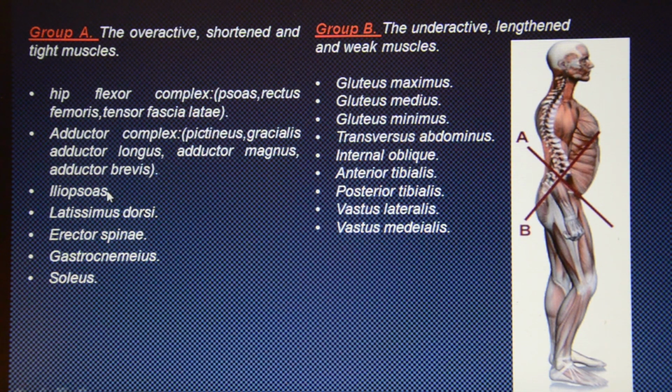Hip muscle, iliopsoas. Back muscles, latissimus dorsi and erector spinae. Lower limb muscles, gastrocnemius and soleus. Group B muscles: gluteus maximus, gluteus medius, gluteus minimus, transversus abdominis, internal oblique, all core muscles, lower limb muscles, tibialis anterior, tibialis posterior, and vastus lateralis, vastus medialis.